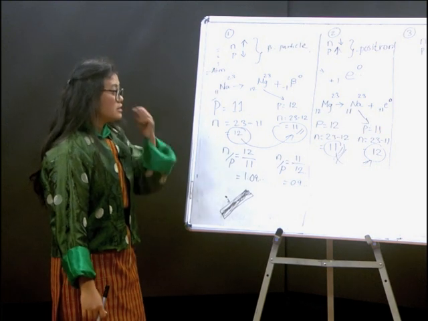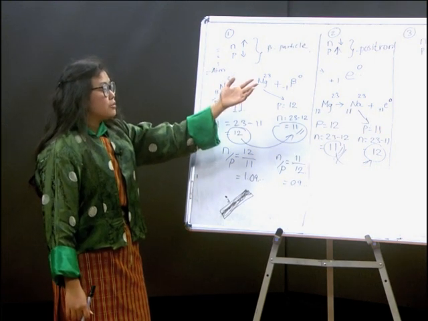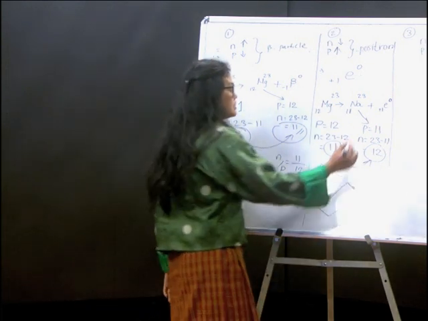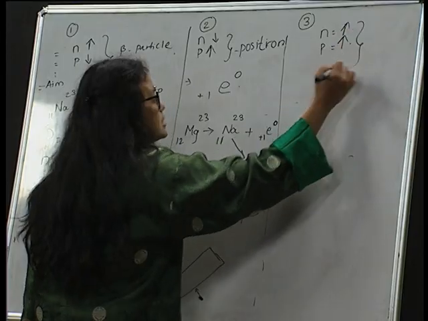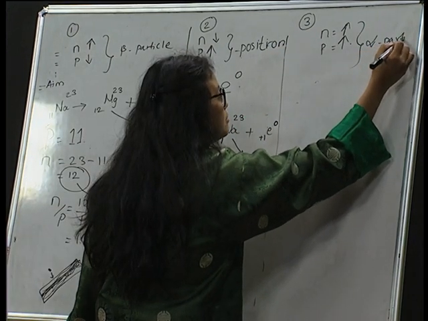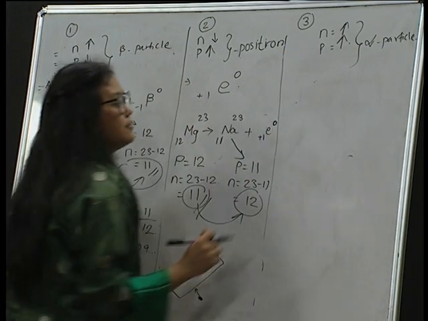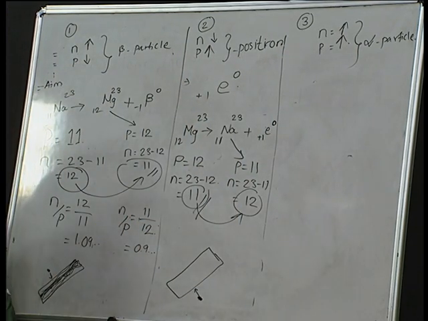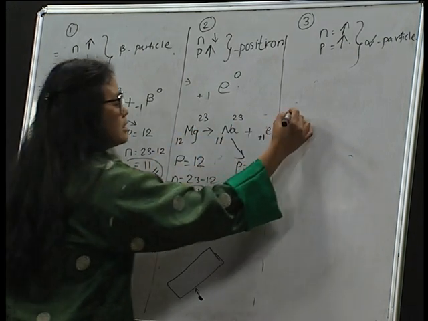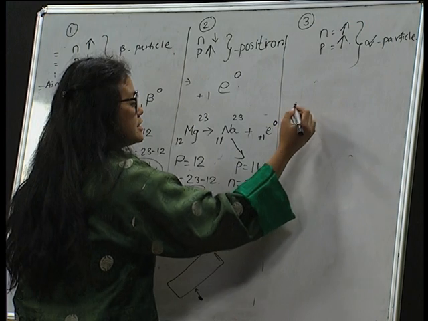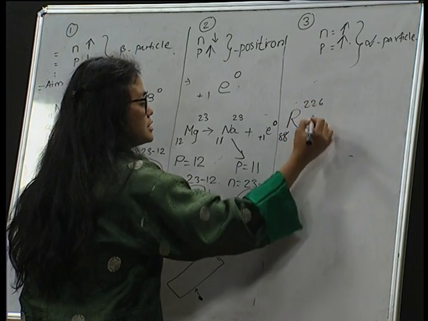Now, the third one, when both the number of protons and neutrons are too many, the stabilization is achieved by emitting an alpha particle. So, we will go through the same example that we discussed earlier with the help of this radium isotope having 88 atomic number and mass number 226.